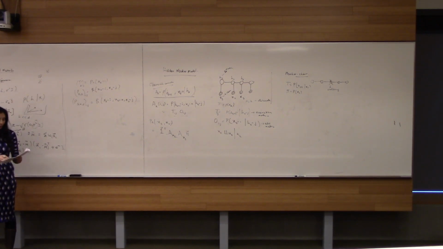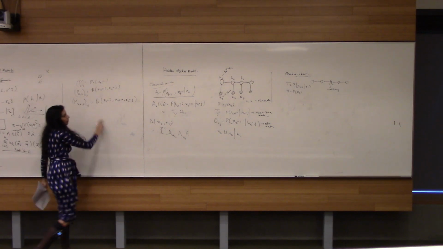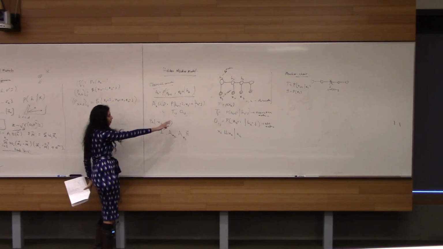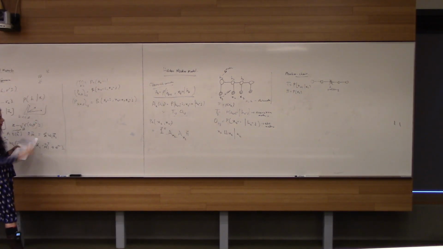So the main claim is that these distributions, I have them in this form of observable operators. I already told you this is true for any sequence of observed distribution.